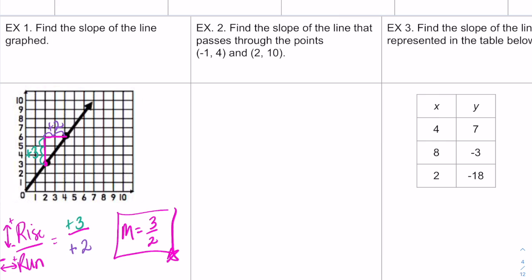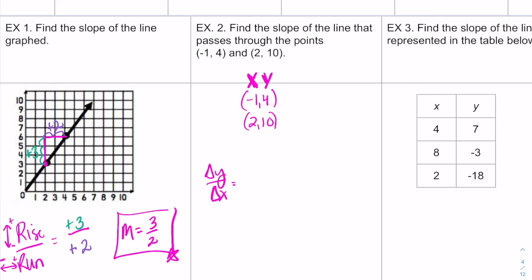So for number 2, we have 2 points. We have the point (-1, 4), and we have the point (2, 10). Sometimes it can be helpful to write them on top of each other. And then it's important to remember that our ordered pairs are always x, comma, y. And so now we need to find delta y over delta x.